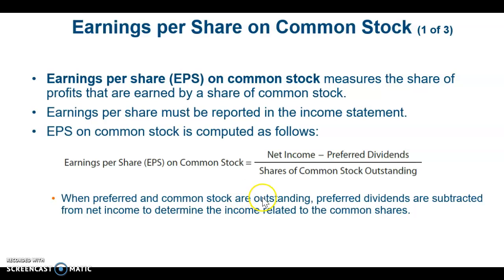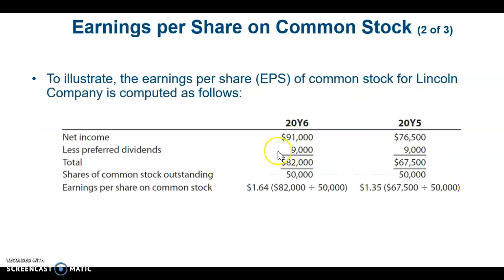When preferred and common stock are outstanding, preferred dividends are subtracted. If you have preferred stock, you're going to subtract out dividends. If you don't have preferred stock, then there will be nothing to subtract out. So here it is, net income minus preferred dividends. Divide that by the shares of common stock outstanding to get your earnings per share.